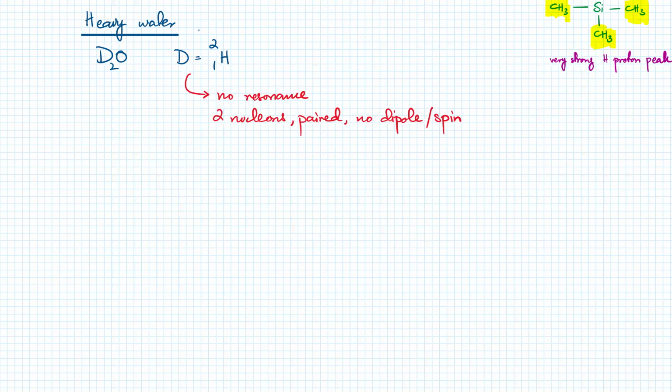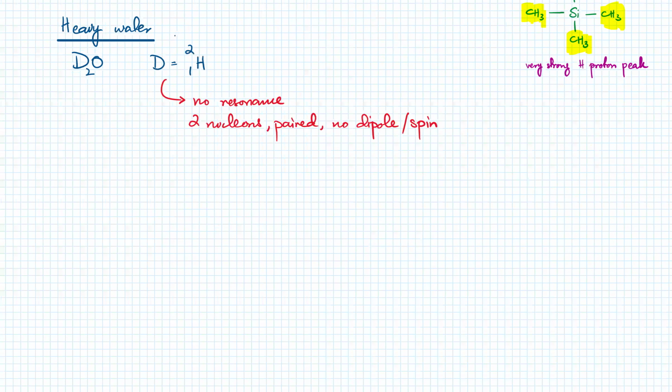The purpose of adding heavy water is that when you do NMR in heavy water, your OH peaks disappear.